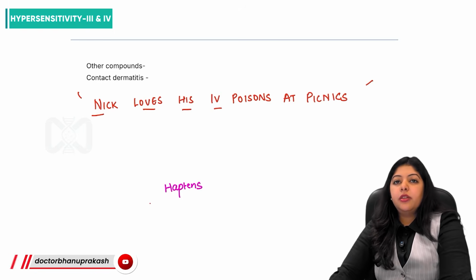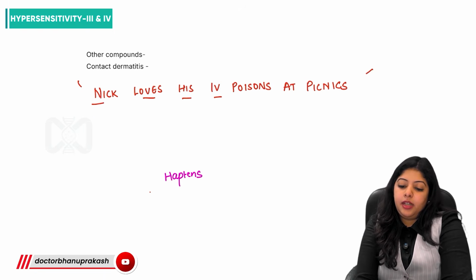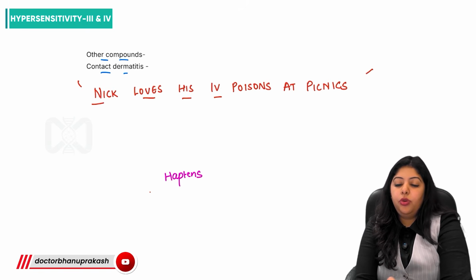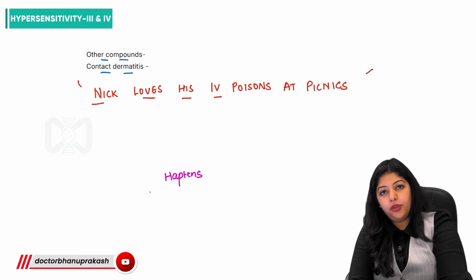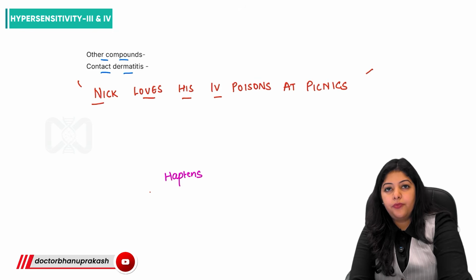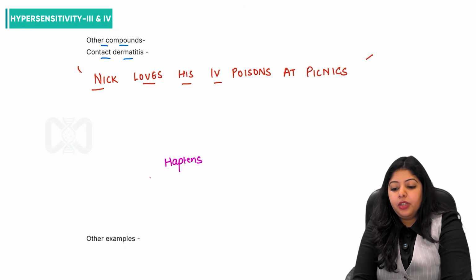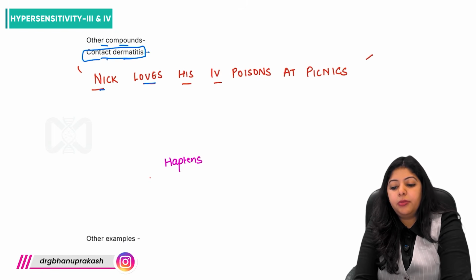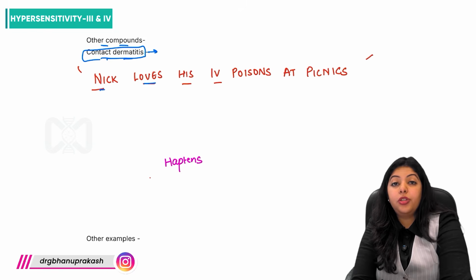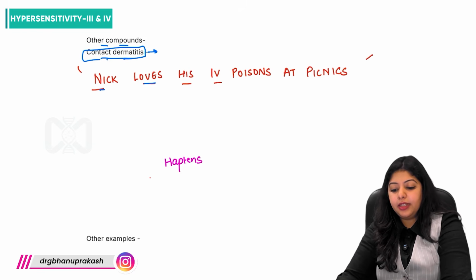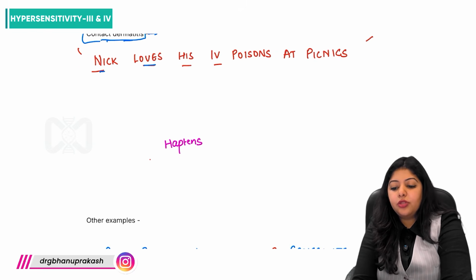Now we said that there are other components also which lead to type 4 hypersensitivity reaction. These are nothing but certain compounds which are leading to contact dermatitis, right? So what is happening in contact dermatitis? Let us see. Firstly, let us know what are these chemicals.